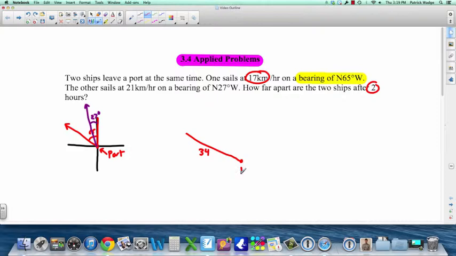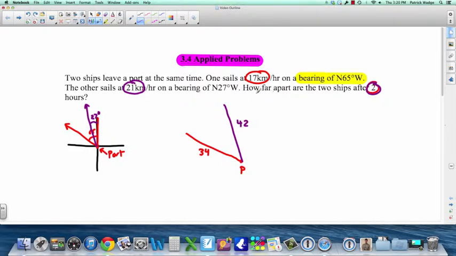This right here is the P for port. Then we have this purple line, at about the same angle. How far does that one go? It's 21 kilometers an hour for 2 hours. So 21 times 2 is 42. So this should be 42.